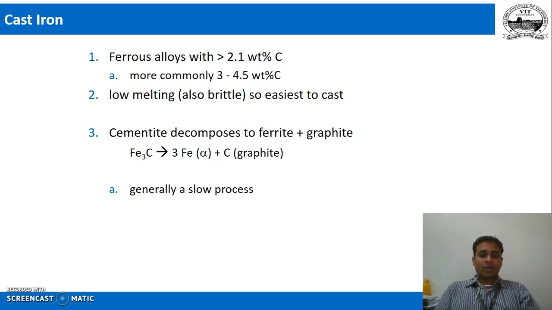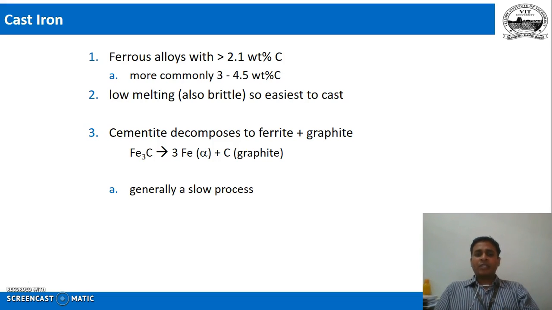I have already mentioned this. So this cementite, as I said, is undesirable in some aspects simply because it is brittle in nature, a highly hard material. Why? Because it is a carbide, it is a compound.